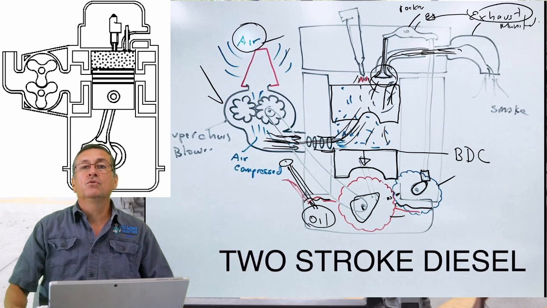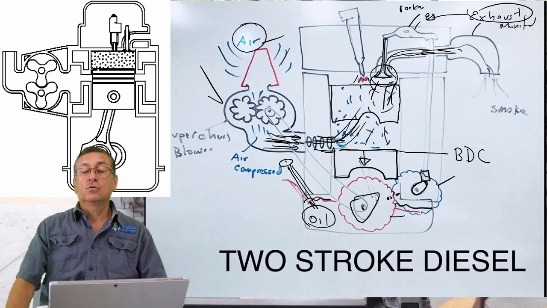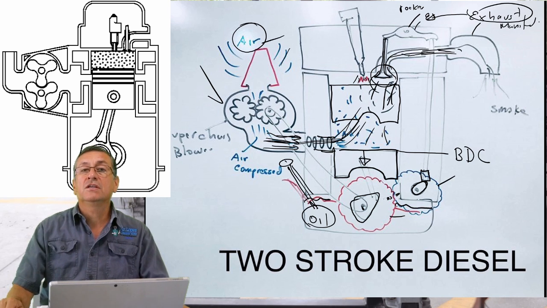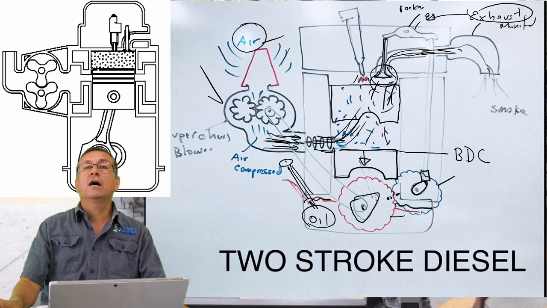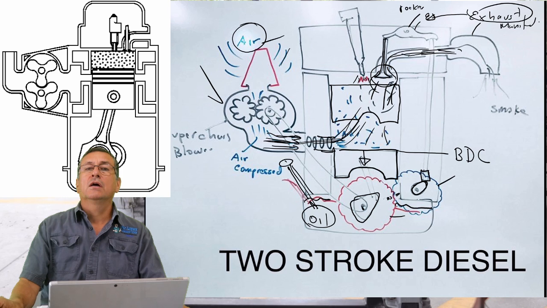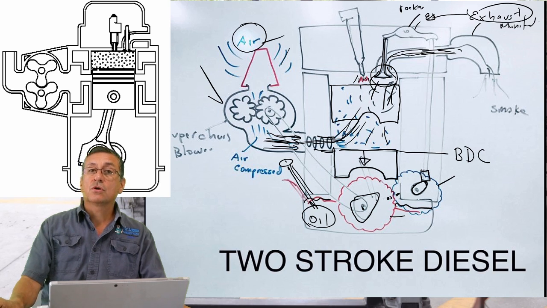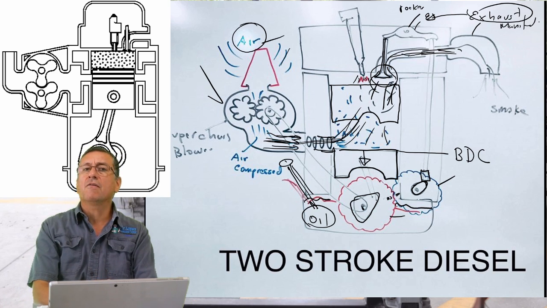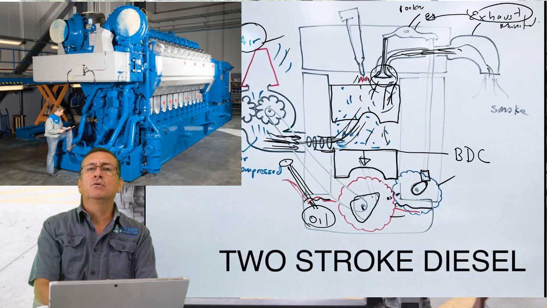What is the advantage of those two-stroke diesel engines? The advantage is that those two-stroke engines produce higher torque than the four-stroke engines. Those engines are very, very common in mega yachts, in cargo boats, in cargo ships, because those engines produce an excessive amount of torque, and they work at lower RPMs than the four-stroke engines.